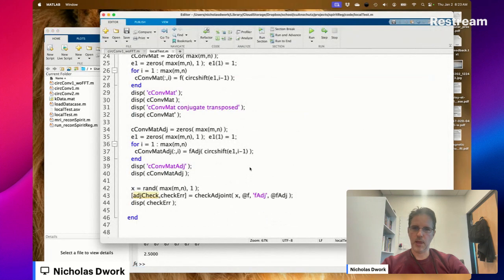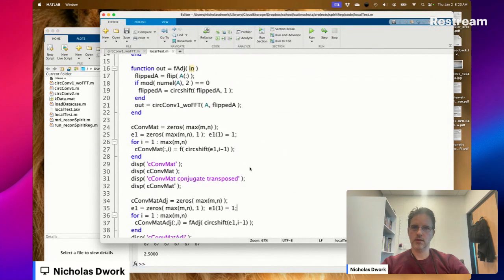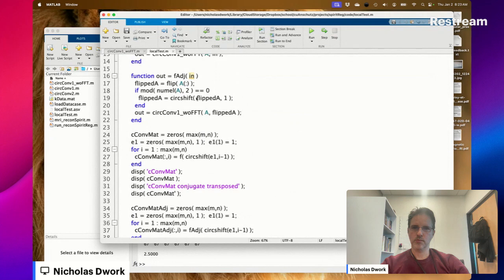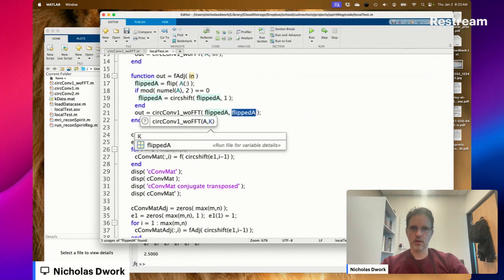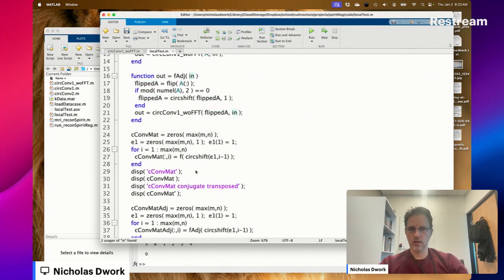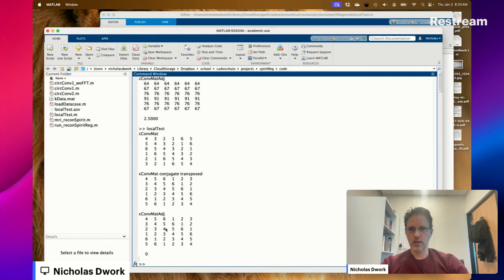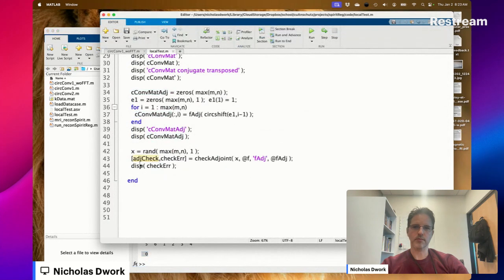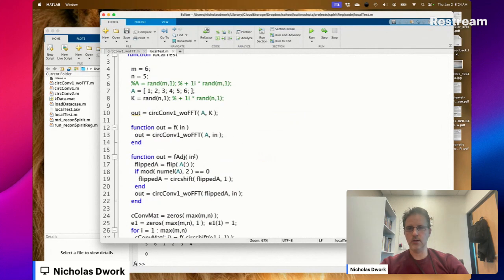Okay. Look at that. Look at that. The adjoint check is now working, and the error is 0.